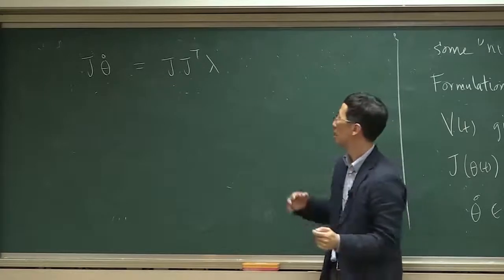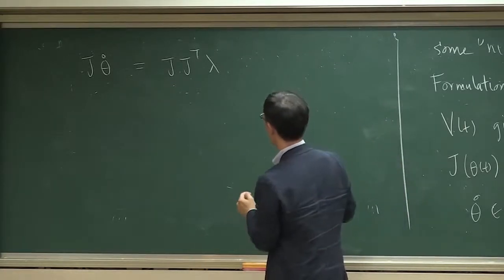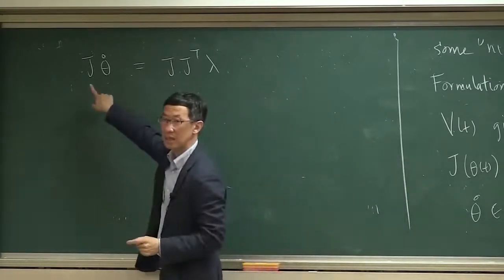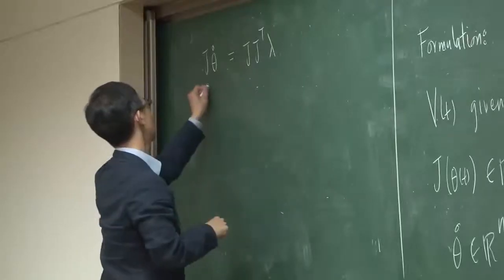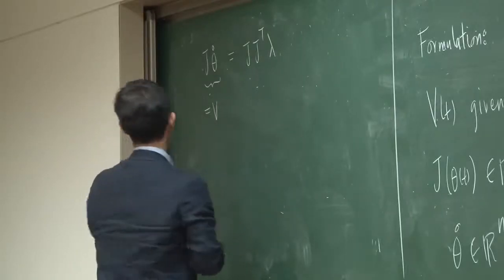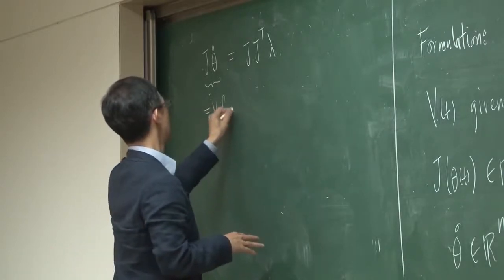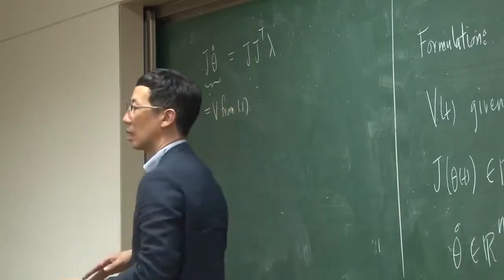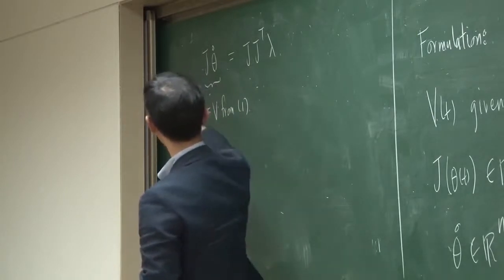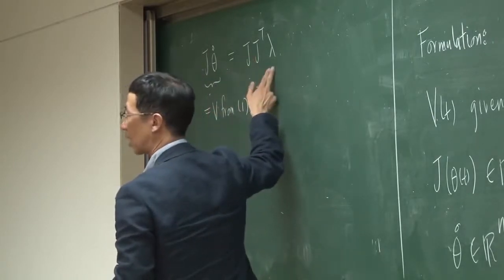Now J theta dot equals V, from equation 1. So V is equal to JJ transpose lambda.